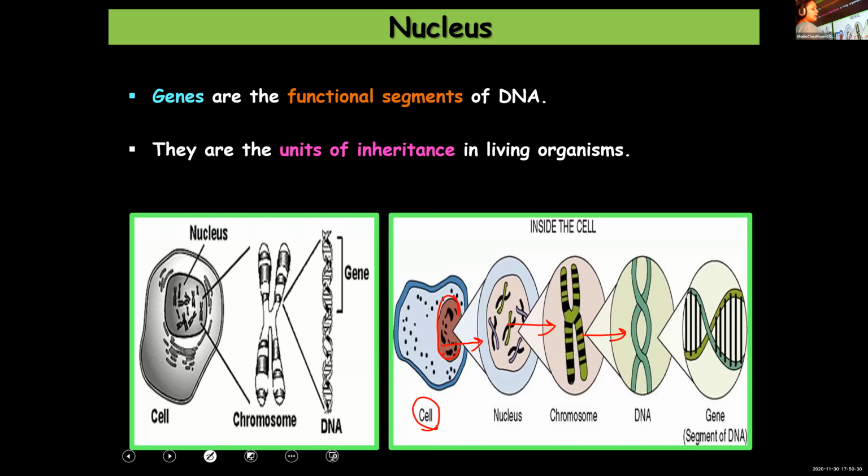Inside the DNA, when it is further magnified, you can find the gene, a segment or portion of DNA. So the gene is present on DNA, DNA is found on the chromosome, the chromosome is in the nucleus, and the nucleus is found inside the cell. Any doubt?